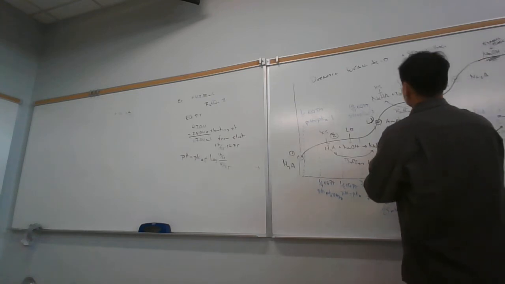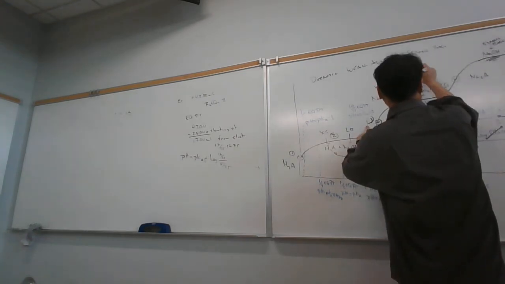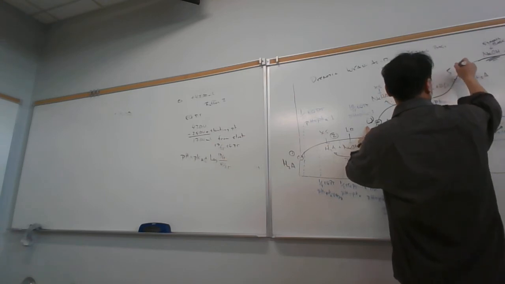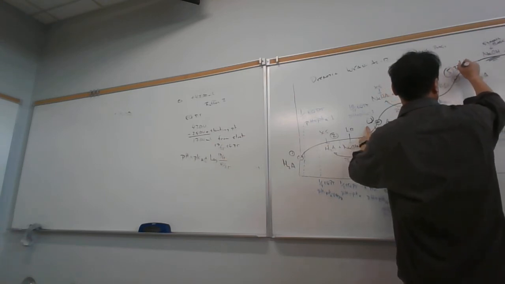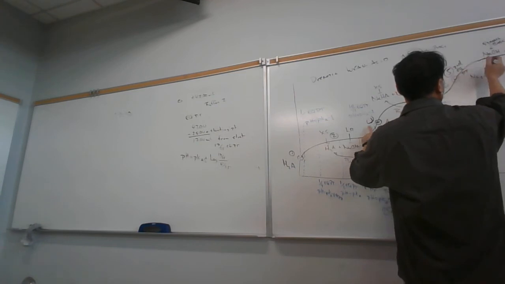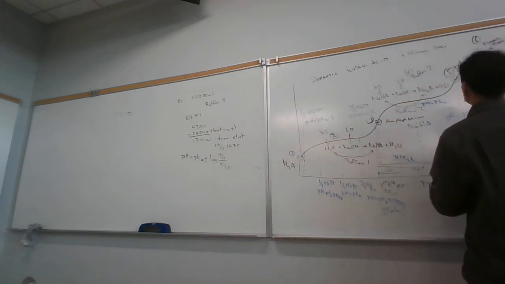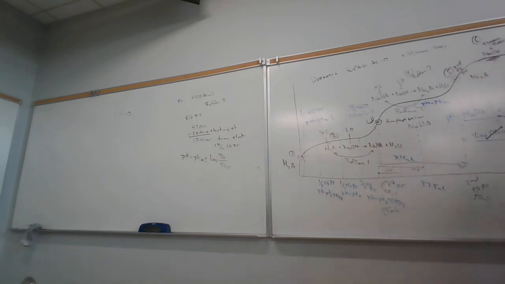And so this 4 is the buffer 2 region. 5 is the second equivalence point. 6 is the strong base, weak base region, or excess strong base region. So let's calculate the second equivalence point here, 5.